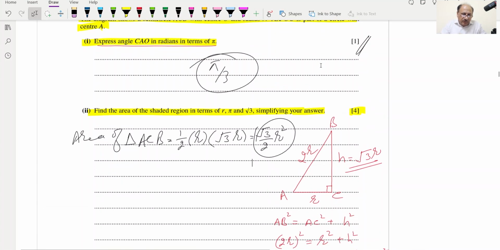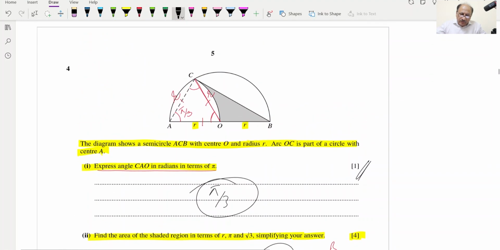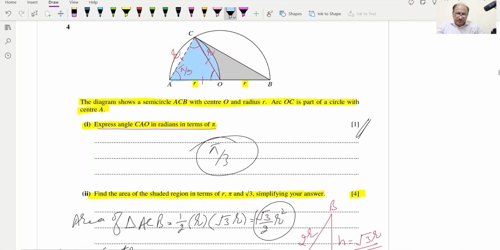Now we can find the area of the sector. The sector will be the AOC sector. If you want to identify the sector, I'll shade the area of the sector for you, and the area of the sector is this much. So if we find this blue shaded area and subtract it from the area of the triangle, we will get the black shaded area.